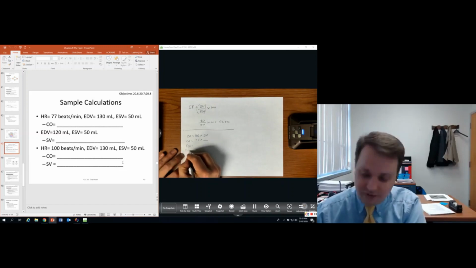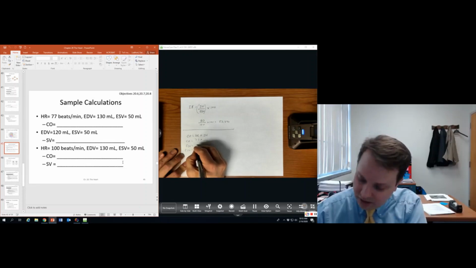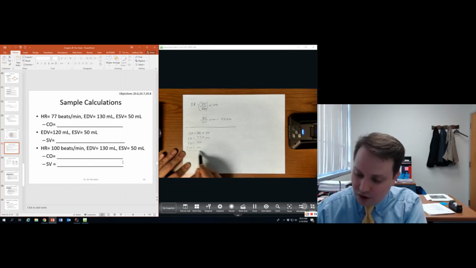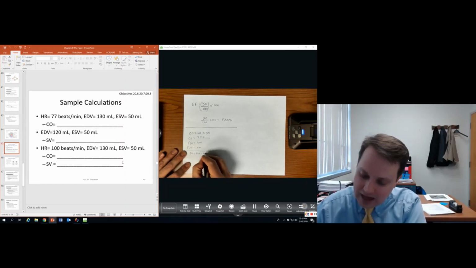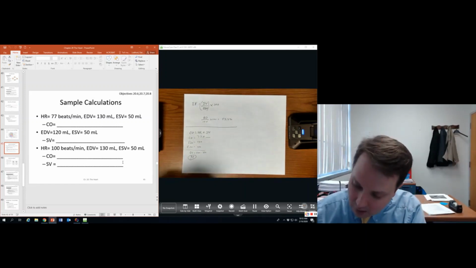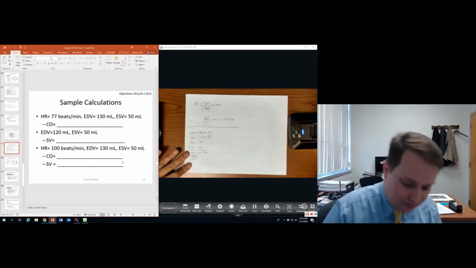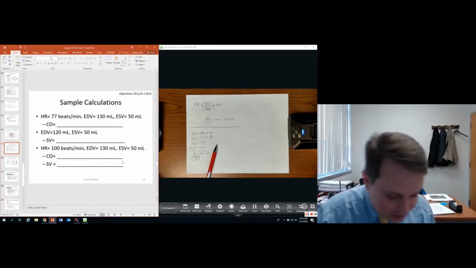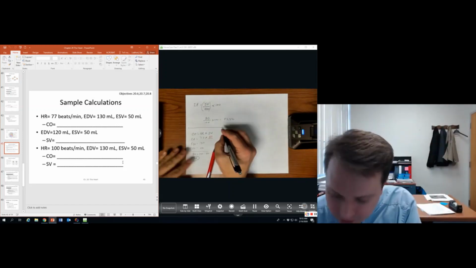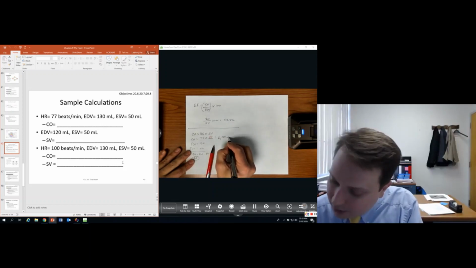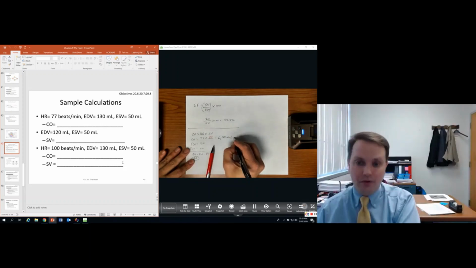EDV is 130. ESV is 50. Stroke volume equals 130 minus 50, 80. And all you got to do now is take that 80 and plug it in, 77 times 80. So now cardiac output is 6,160 milliliters per minute. Okay, we've done that.